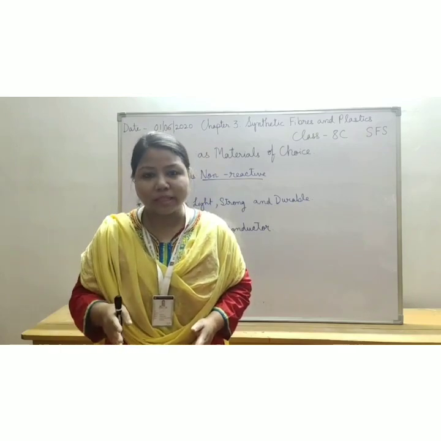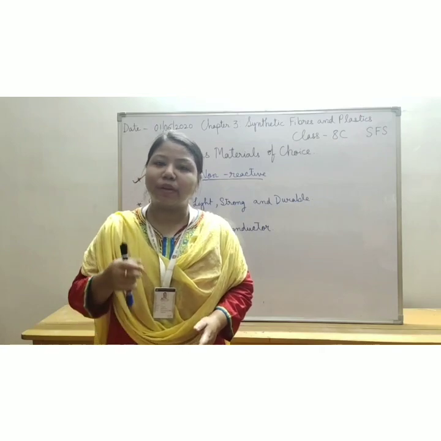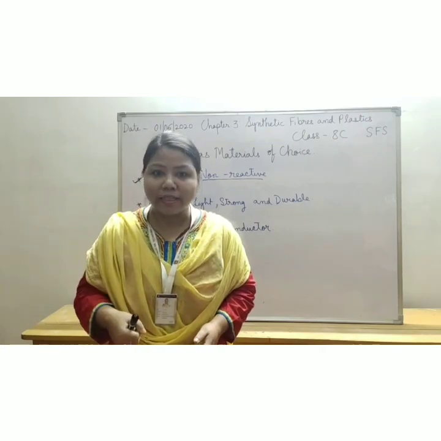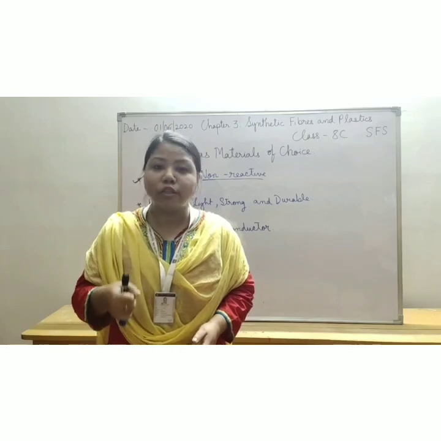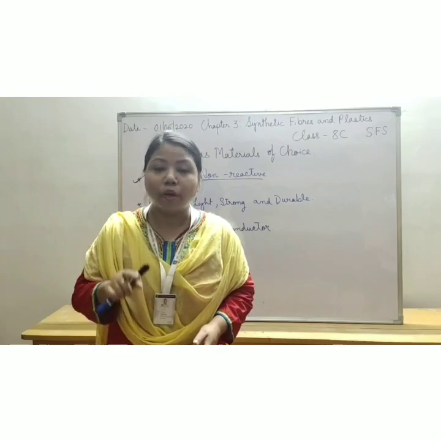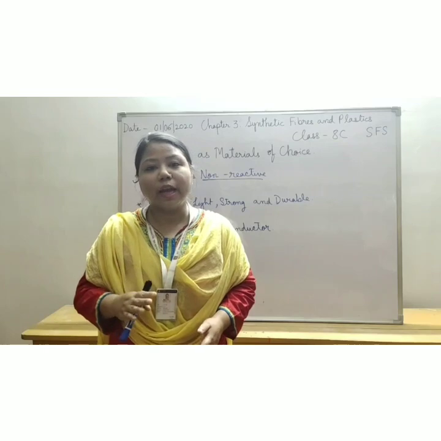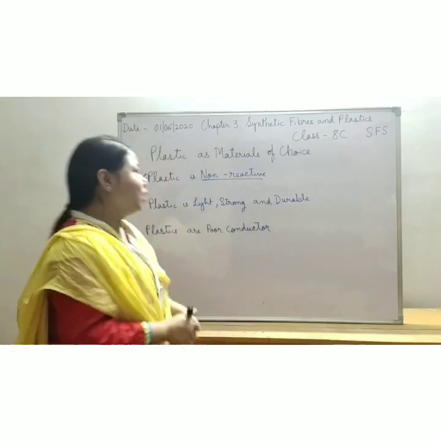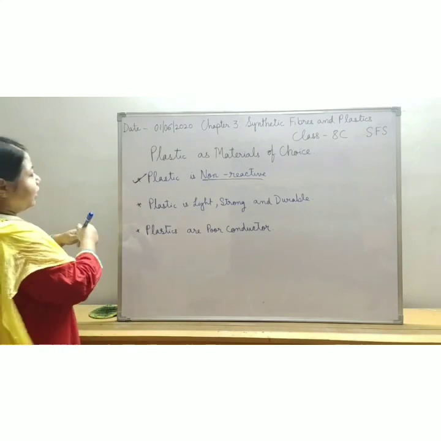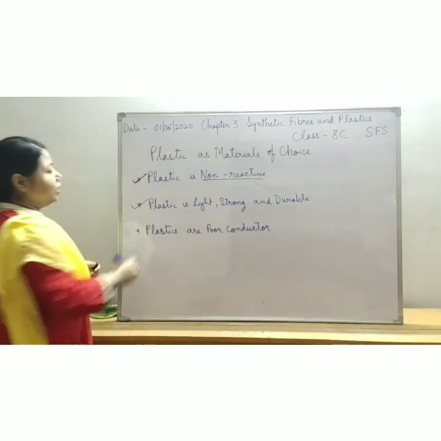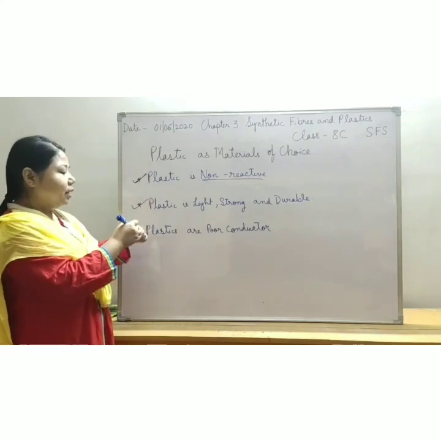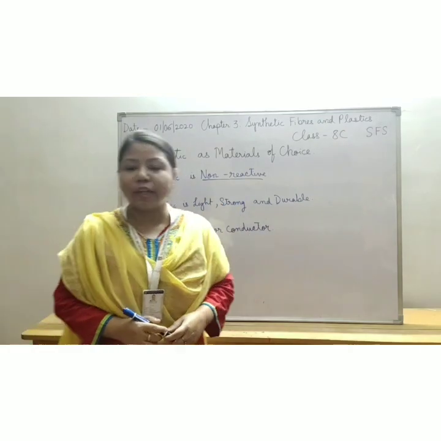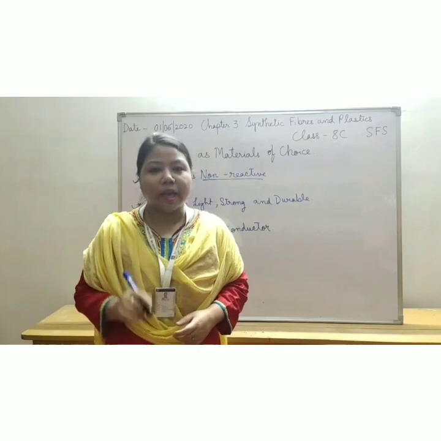It is plastic, and you'll find that it is very easy to handle because it is very light, strong, durable, and above all it is moldable. It can be molded into various shapes. So another characteristic property is that plastic is light, strong, durable, and can be molded into any shape.